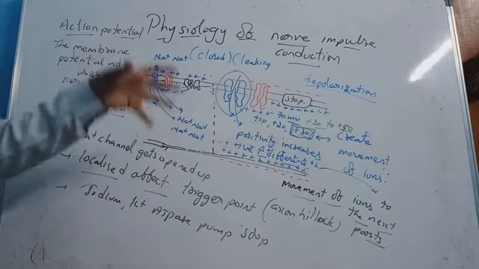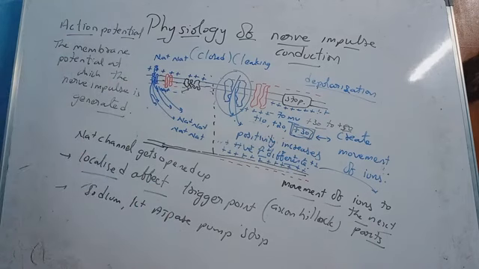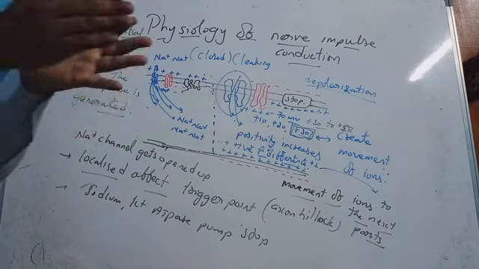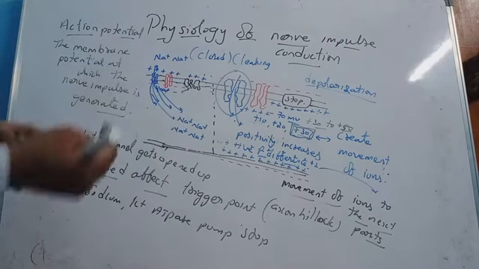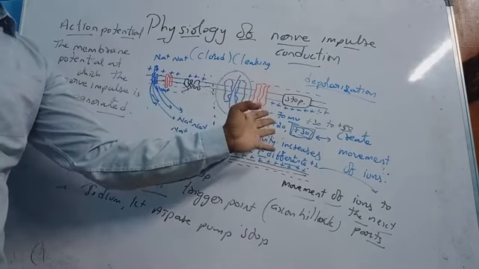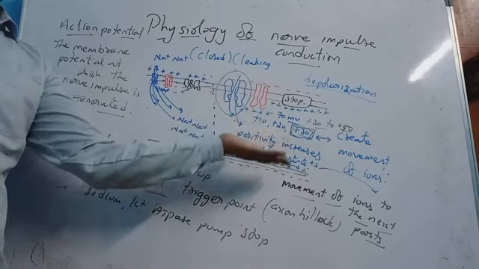Now what do you call the membrane potential at which we can generate nerve impulse? That is called as action potential. What do you call the resting potential? The potential difference in the membrane at the resting phase. Now from the resting phase, we got the depolarization. That means the ions got opened up. They came in. We got a depolarization and the polarity is increasing.